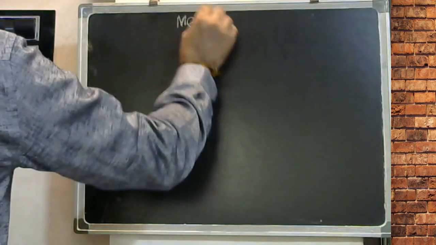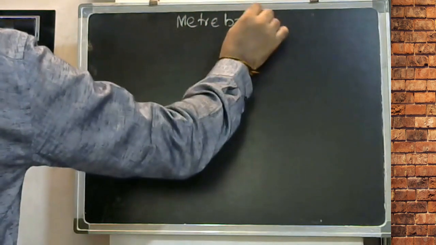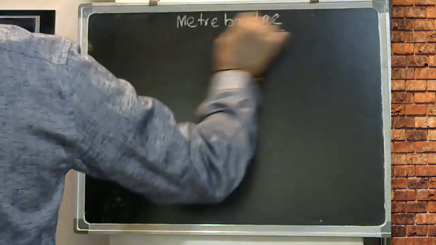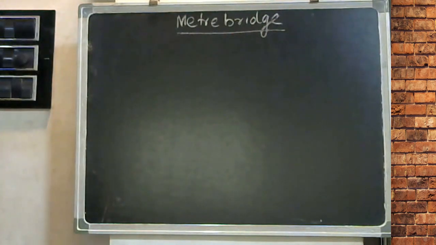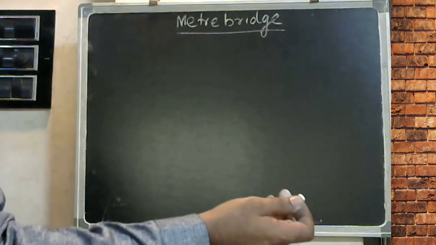This is a machine used to find the unknown resistance of a given wire. Also we can find the resistivity of a given wire. We can find the temperature of the resistance. We can do a lot of things. But we are concerned about finding out the unknown resistance of the given wire. For example, I give you a piece of manganese wire or some wire.